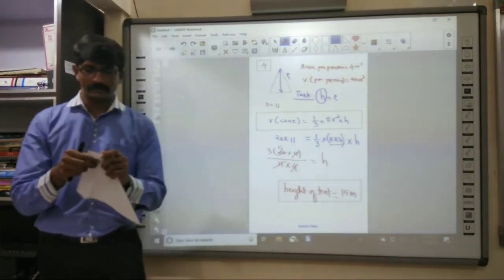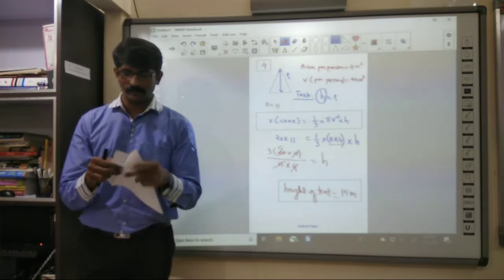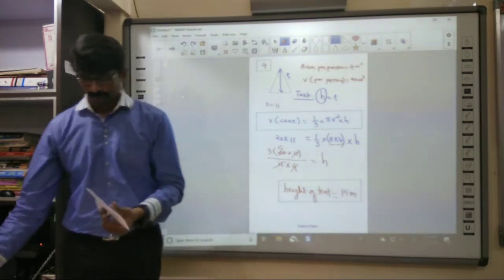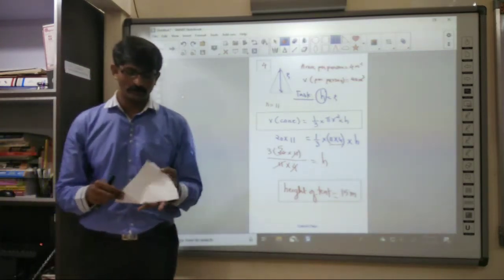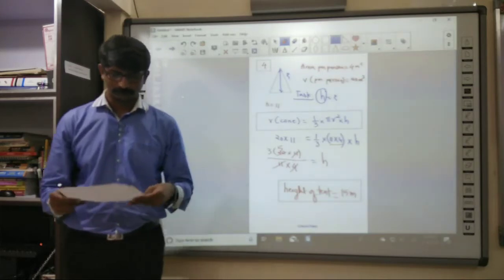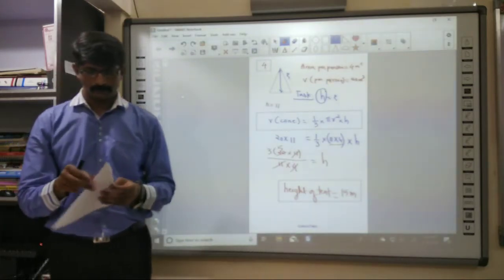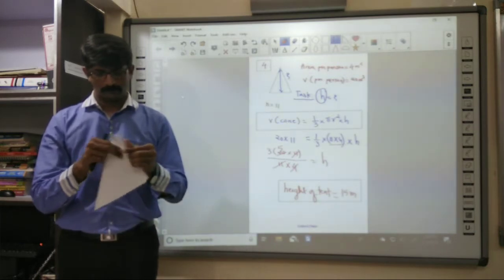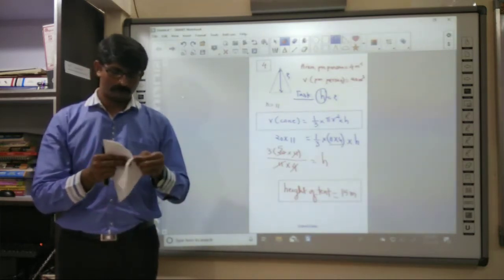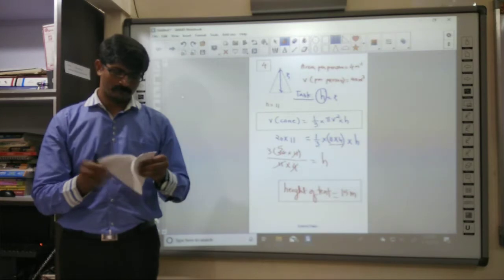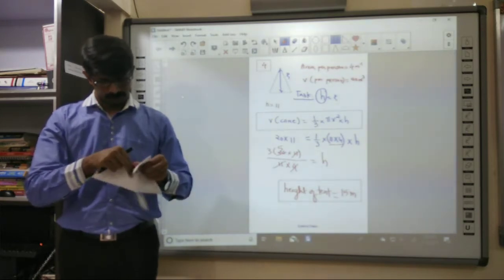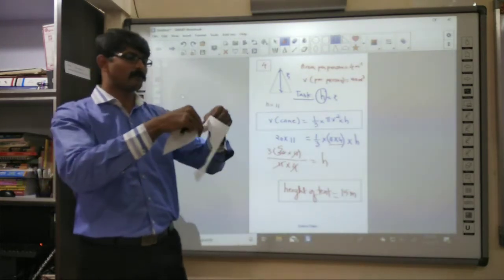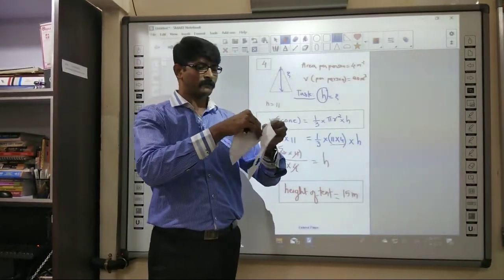So now what exactly is to be done? Look at this student. I am taking one semicircular region. I'm just tearing one semicircular part.